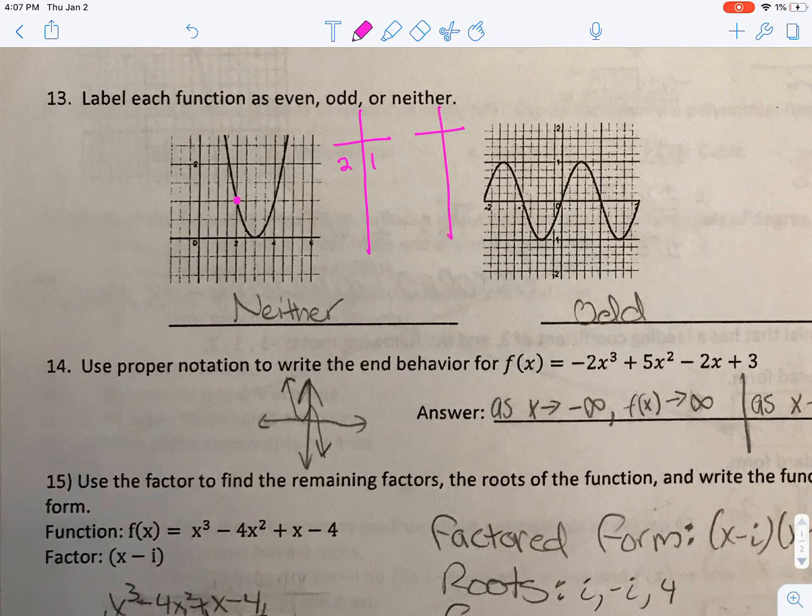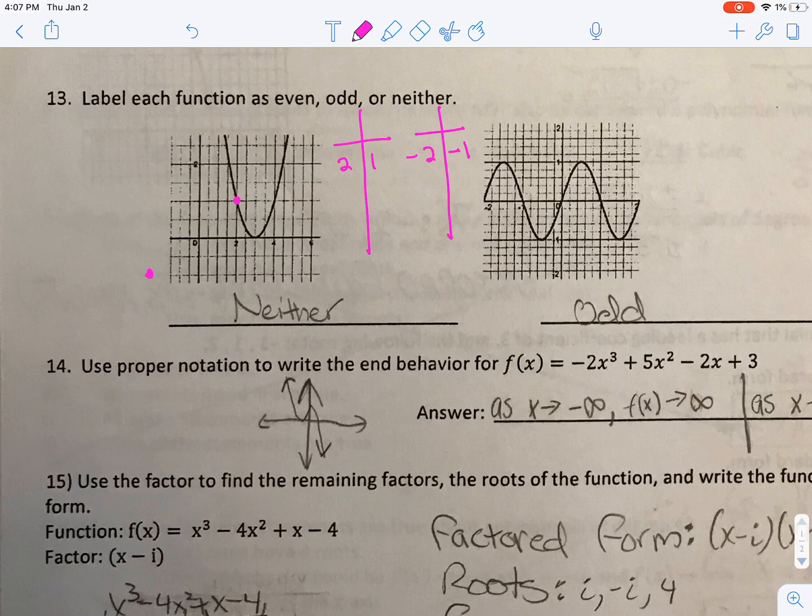If it was odd, then we would have -2, what? This would show me you understand it. I would have (-2, -1). Right? That means that this graph would go through (-2, -1). Does this graph go through there? No, not even close. So that's why it's neither.